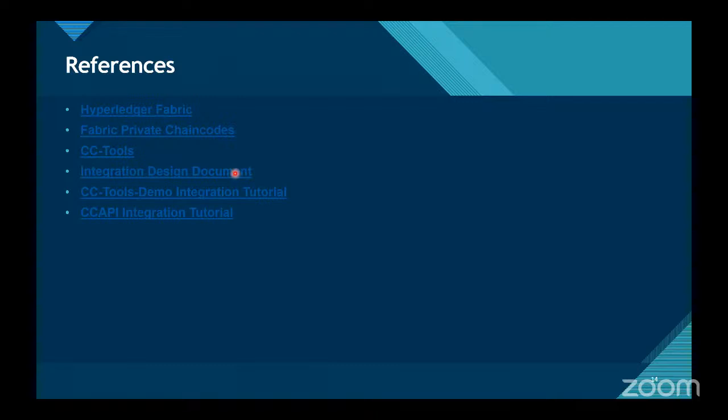I encourage you all to read it, how we are explaining the integration, how we need FPC to support other capabilities of Fabric and CC Tools, and how it should be integrated with FPC. This is the integration tutorial demo that we have been executing for the past 10 minutes. And at the end is the CC API integration tutorial that I showed you and encourage you to test.